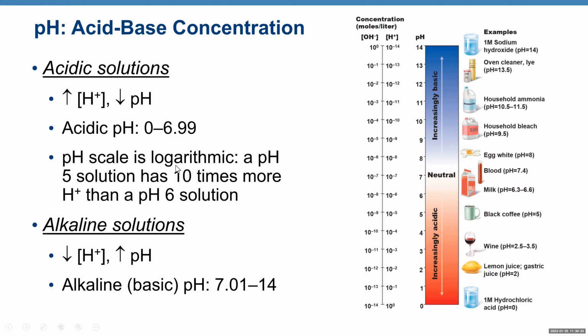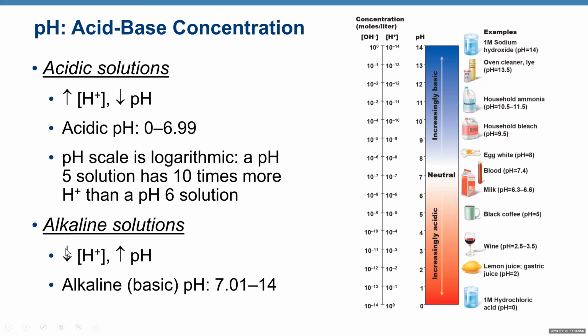The pH scale is logarithmic. A pH 5 solution has 10 times more hydrogen ions than a pH 6 solution. So even if it seems like a small change between pH 5 and pH 6, pH 5 is 10 times more hydrogen than pH 6.